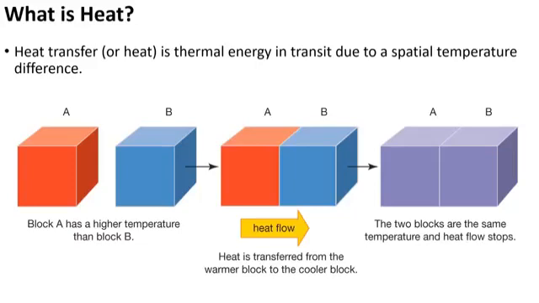That flow of energy is known as heat. And remember, heat always flows from higher temperature to lower temperature. It means block A has higher energy than block B. Block A will lose energy and block B will gain energy.